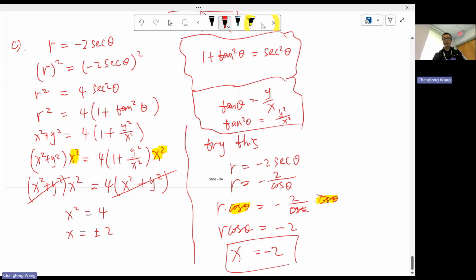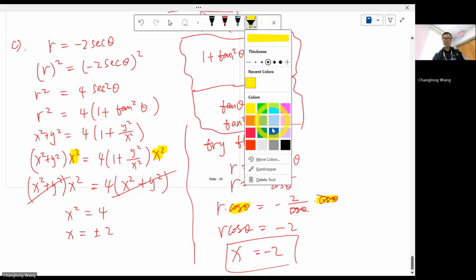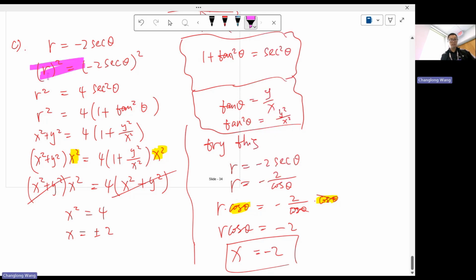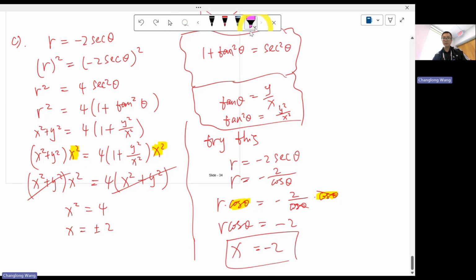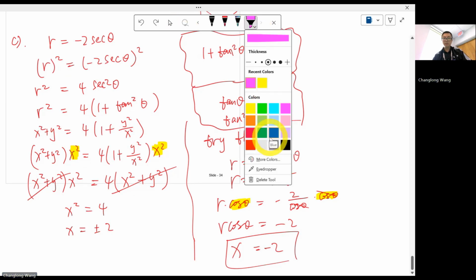Okay, so let me find a color that's actually bad so that that's something wrong. You know what? I'll use that. Oh, that's awful. You know what?